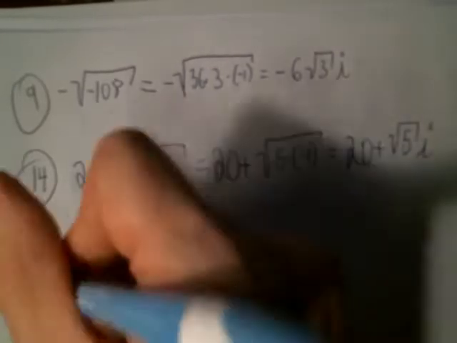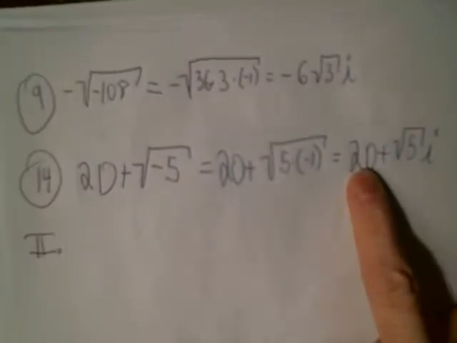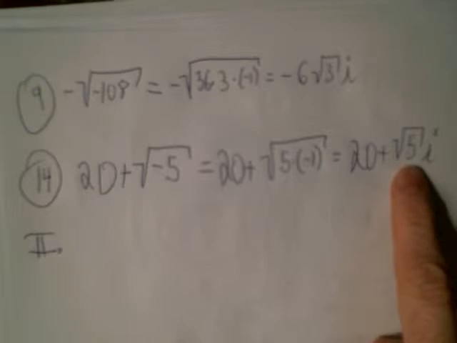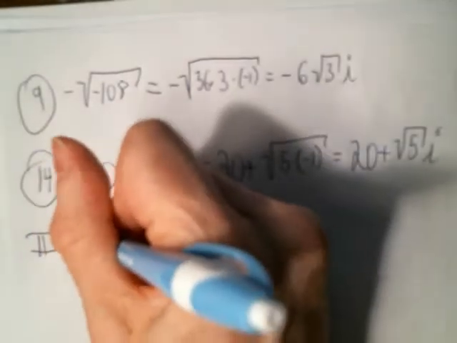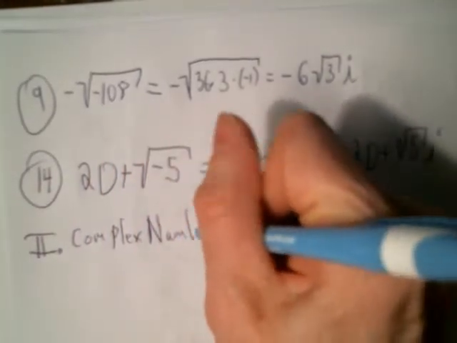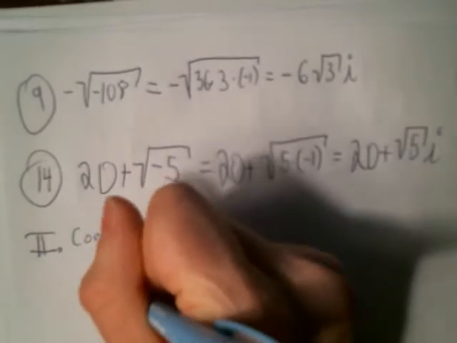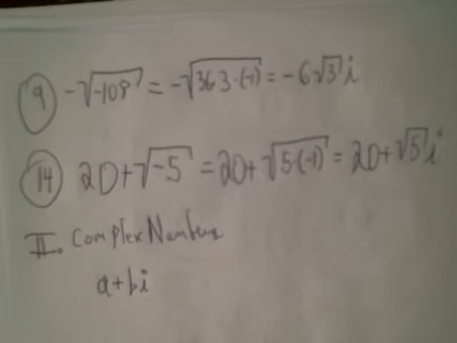Okay, so again, this complex number, in general, there's two parts to it. There's going to be a real part and then an imaginary part. So the complex numbers always have this form a plus bi. And when we write up our answers, we kind of want to put it in that form.